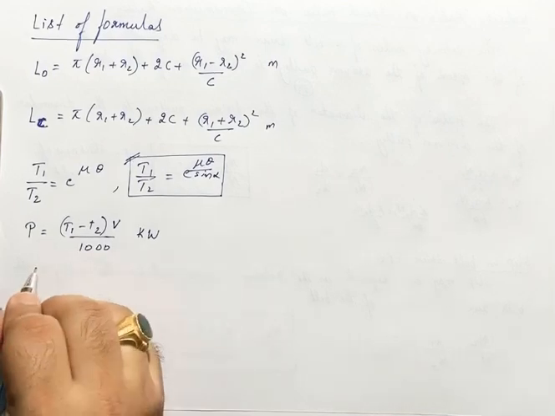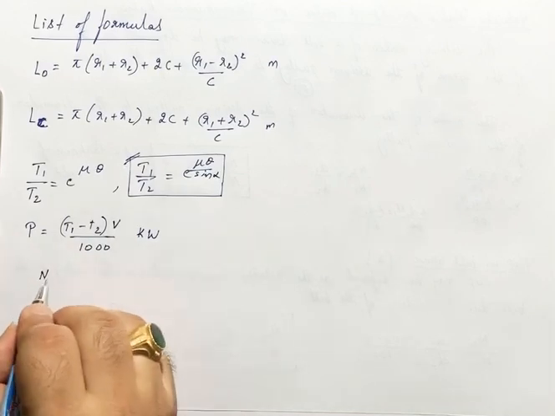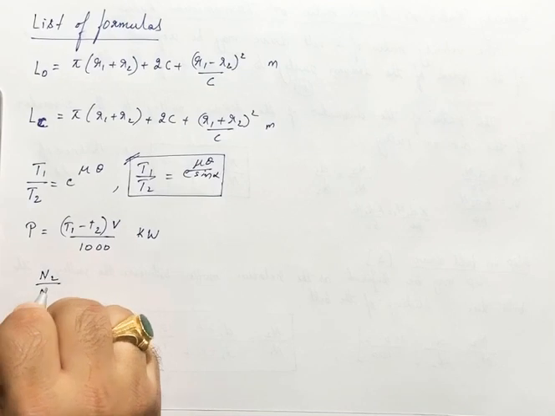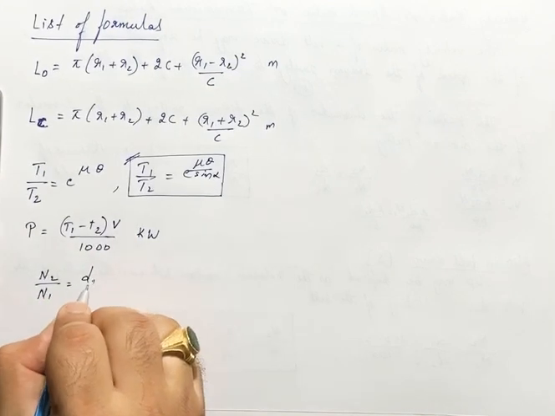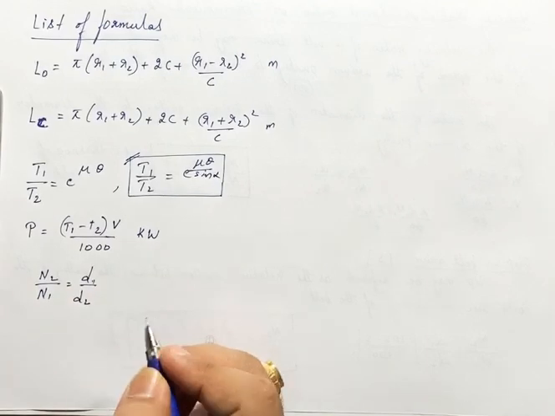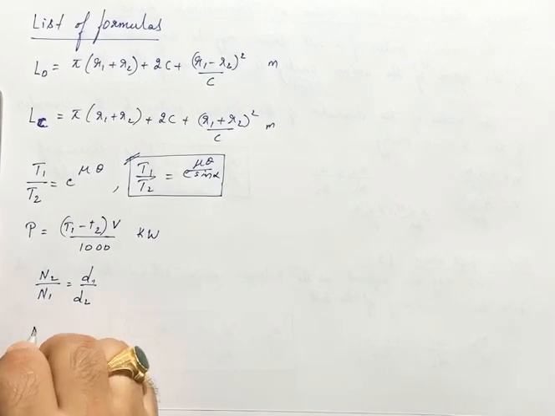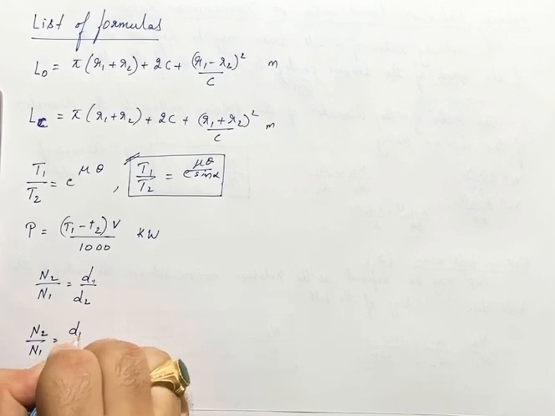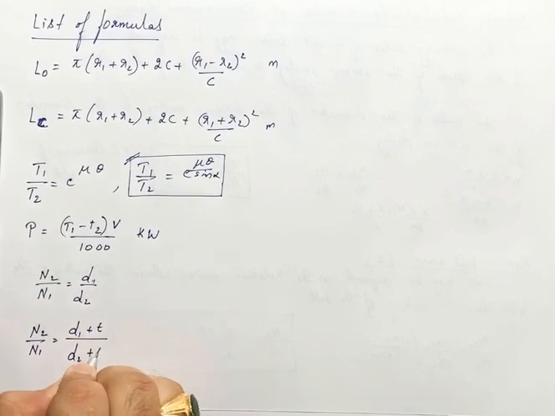Next one we have done with the ratios, that is the velocity ratio N2 by N1 is equals to D1 by D2. Considering the belt thickness, we will be having N2 by N1 is equals to (D1 plus T) divided by (D2 plus T).